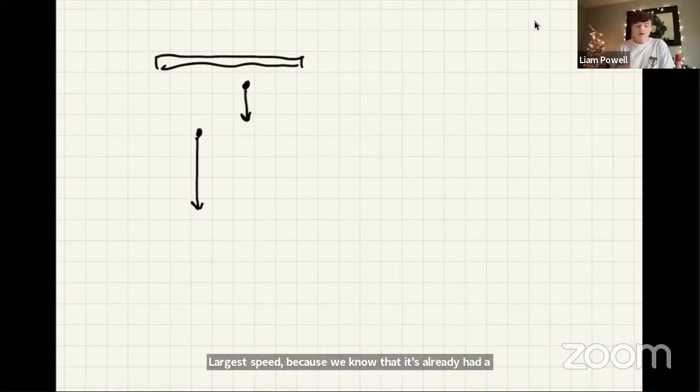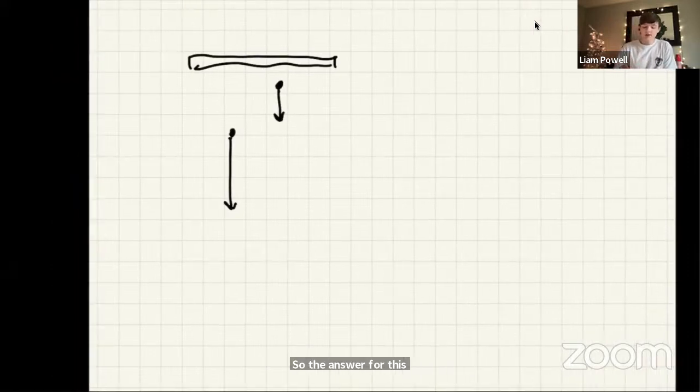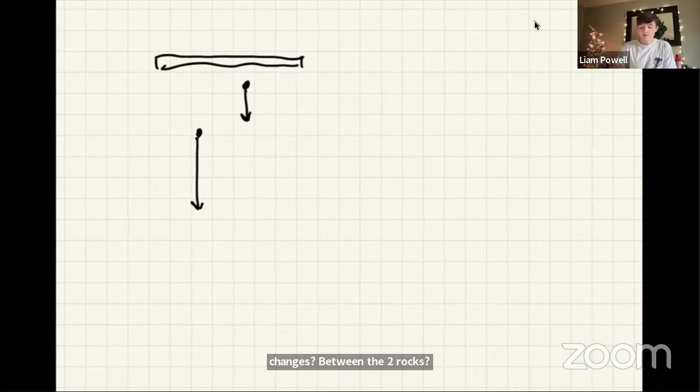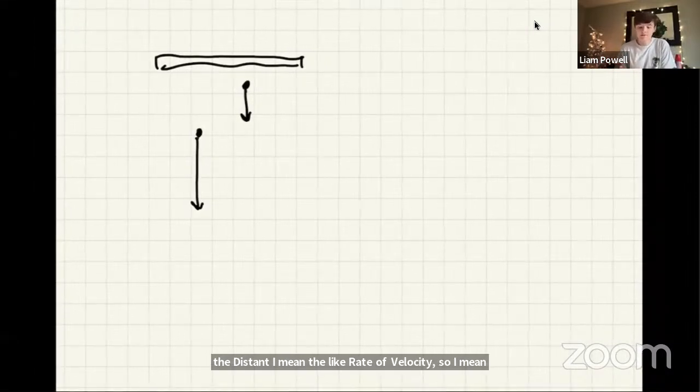What changes between the 2 rocks? The acceleration is the same for the 2 rocks. The velocity difference between the 2 rocks is going to be the same, but the position difference between the 2 rocks is constantly going to be different.